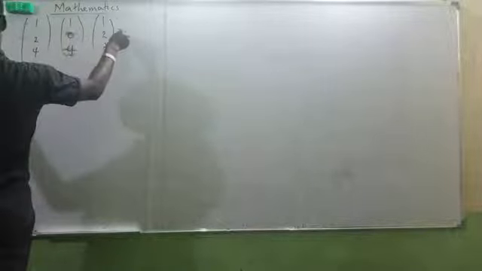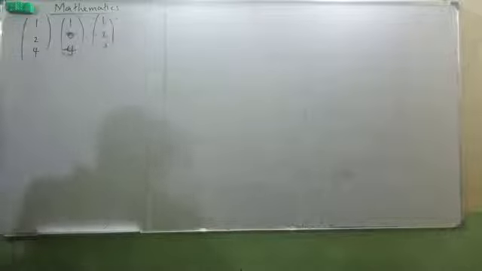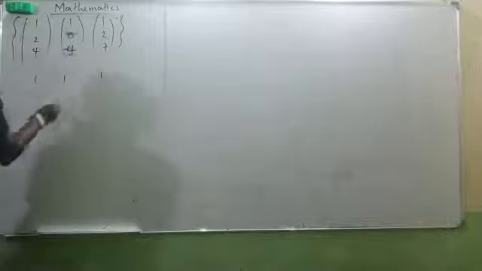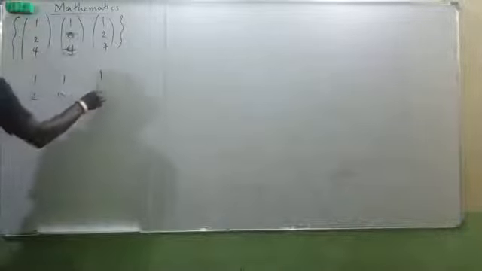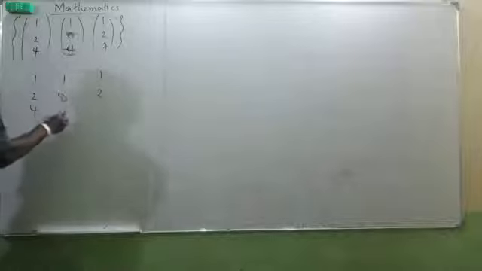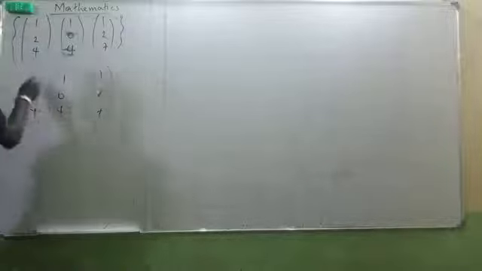Now, I want to generate the span of this. Take note of this. I will just make it a matrix, which I will have as 1, 1, 1, 2, 0, 2, 4, 4, 7.